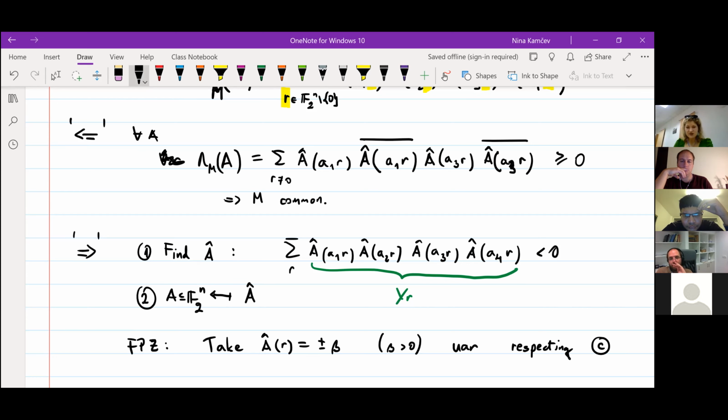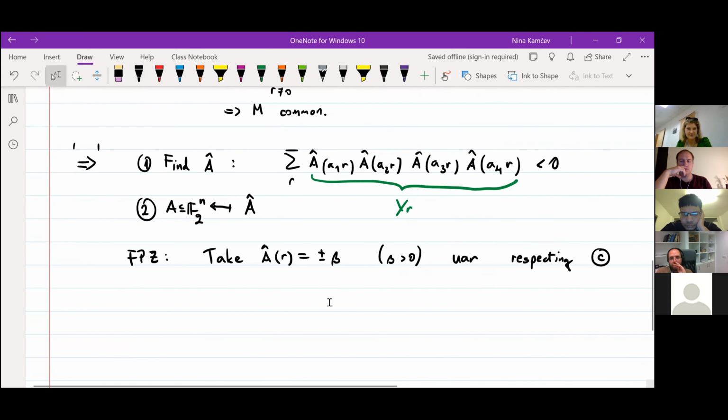Okay, so now we have this random list of numbers, so each YR becomes a random variable, and this whole sum becomes a random variable, and we need to find at least one point where this random variable is actually negative. The way we'll do that is again in two steps.